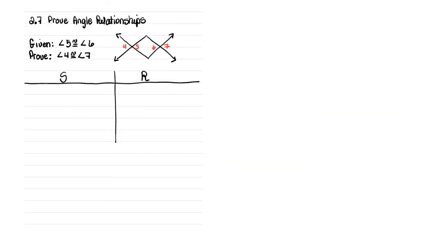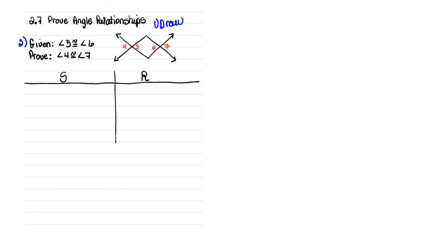As we go along in geometry here, we're going to prove more and more statements about angles or segments. The first thing that you do with every proof is you always draw a picture. The second thing you do is you always put down what you've been given and what you have to prove.